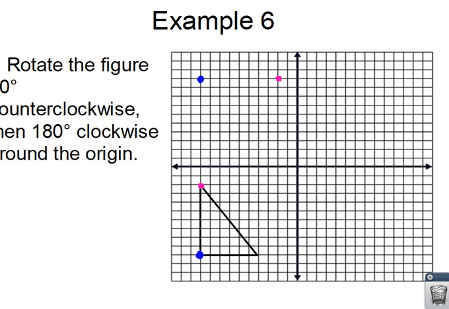Right there. And then this one right here is over 4, down 10. So it goes over 10, up 4. And there's your triangle. Rotated. If you go 90 degrees counterclockwise and then 180 clockwise, it ends up being a 90-degree clockwise rotation.